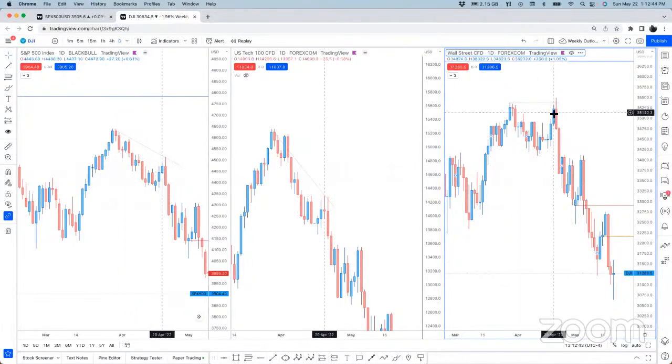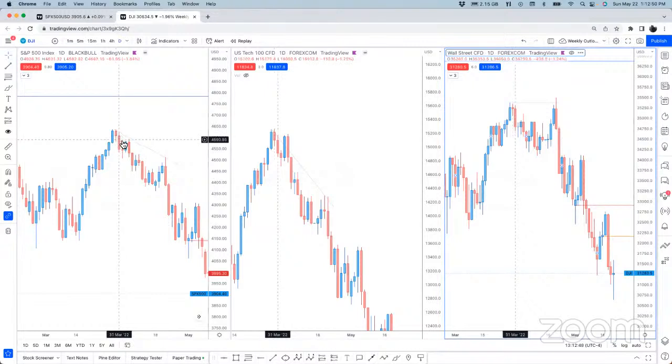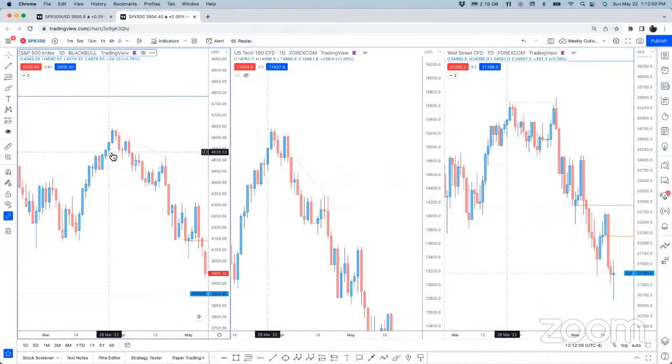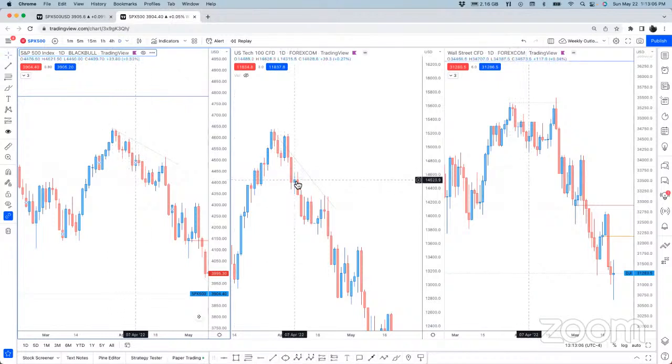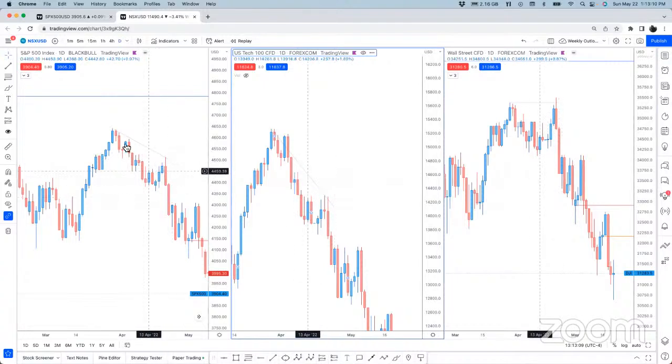We pierced it, but that was still where we sold off from, right? Just like over here, we created it here, traded down below it, traded back into it, and sold off. And then from this point on SPX and on NAS, we had a shift in market structure to the downside.